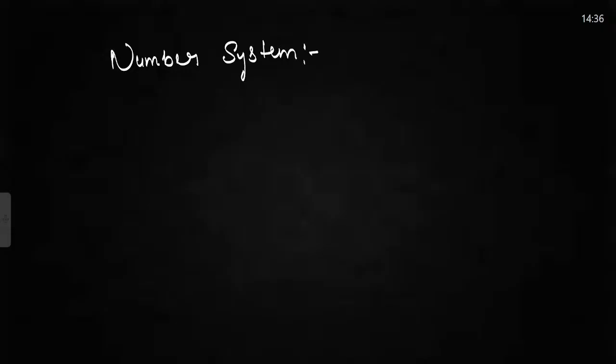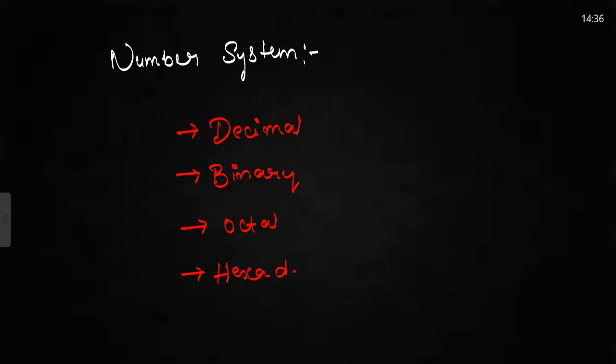So we know there are basically four types of number system. One is decimal, and next is binary, and third one is octal, and next is hexadecimal.